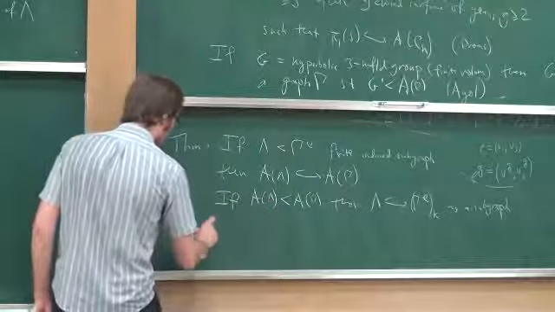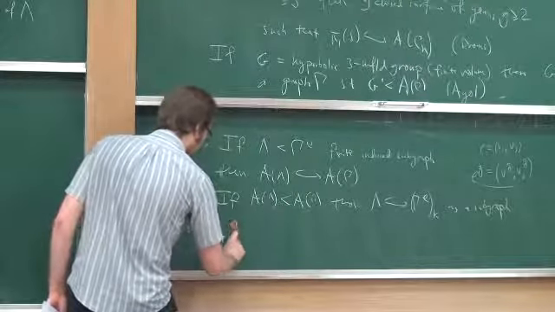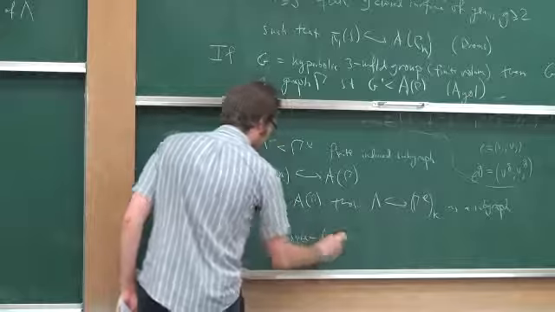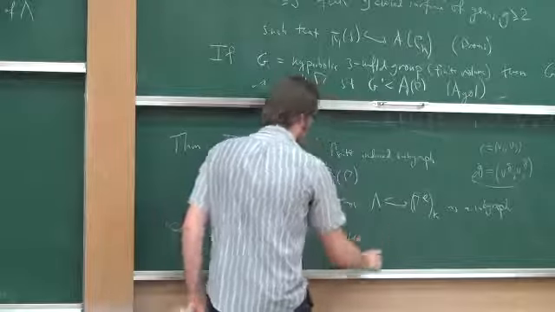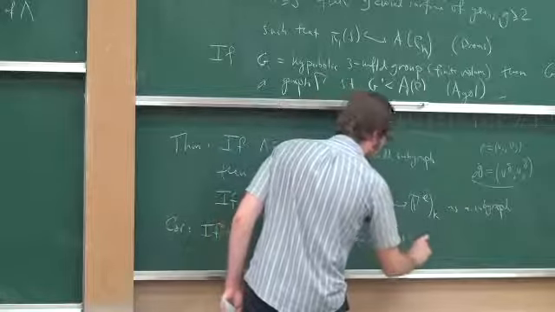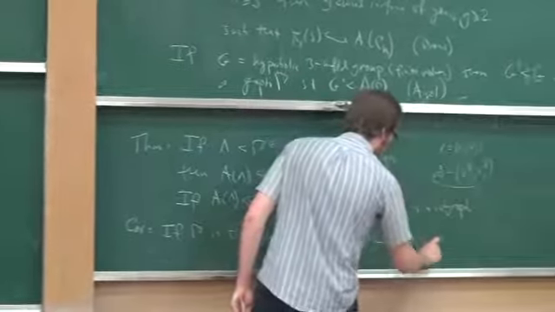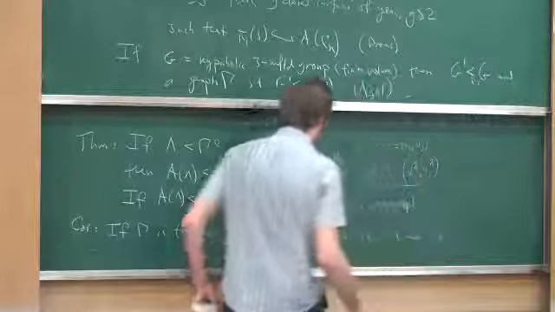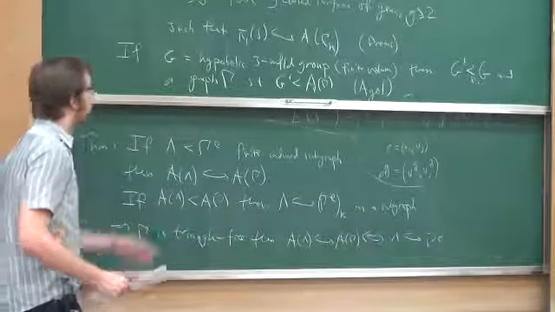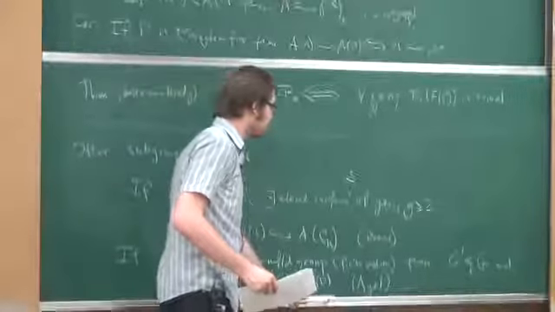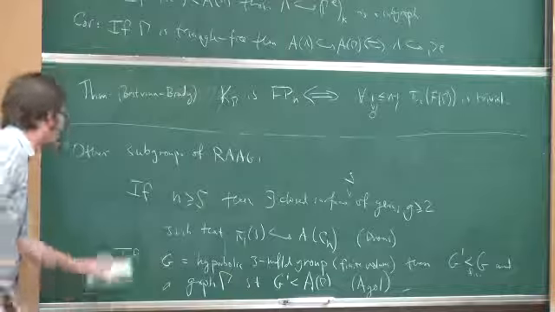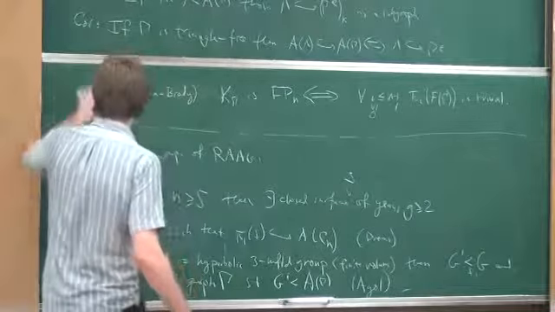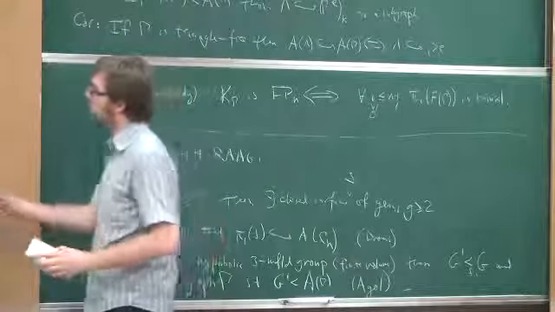If gamma is triangle free, then A of lambda embeds in A of gamma if and only if lambda embeds in gamma E. So then this theorem of Casals, Duncan, Kazuchov would have to be for graphs which have triangles in them.